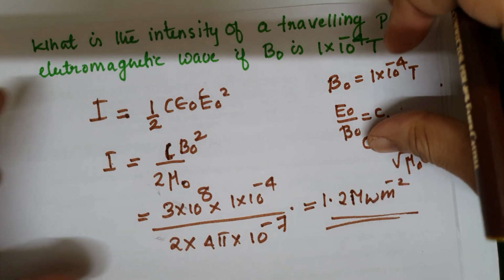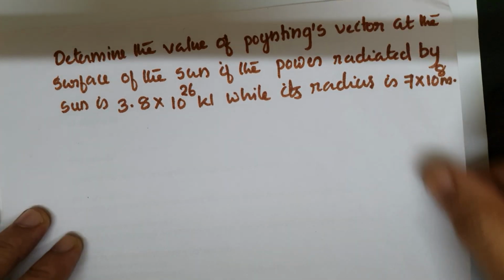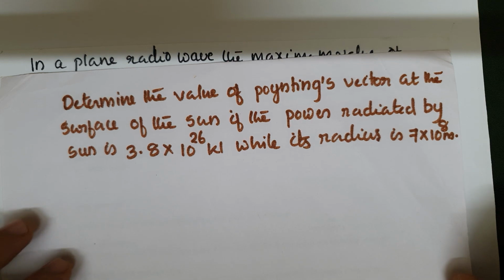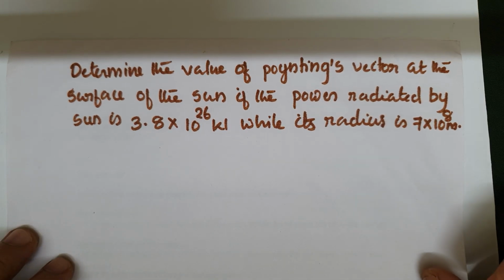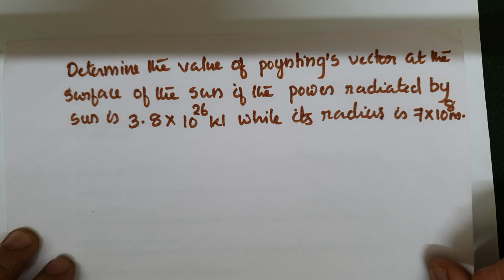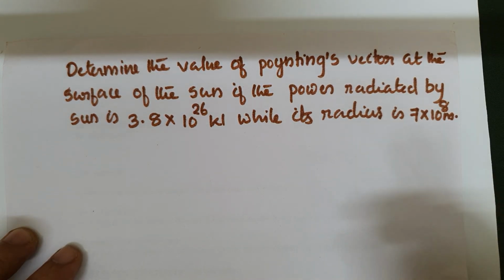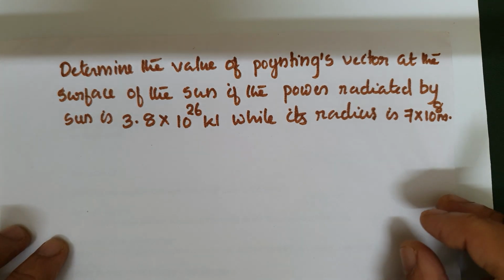And the next problem is, determine the value of the Poynting vector at the surface of the sun if the power radiated by the sun is 3.8 into 10 raised to 26 watt while its radius is 7 into 10 raised to 8 meter. Say, direct substitution in this problem.